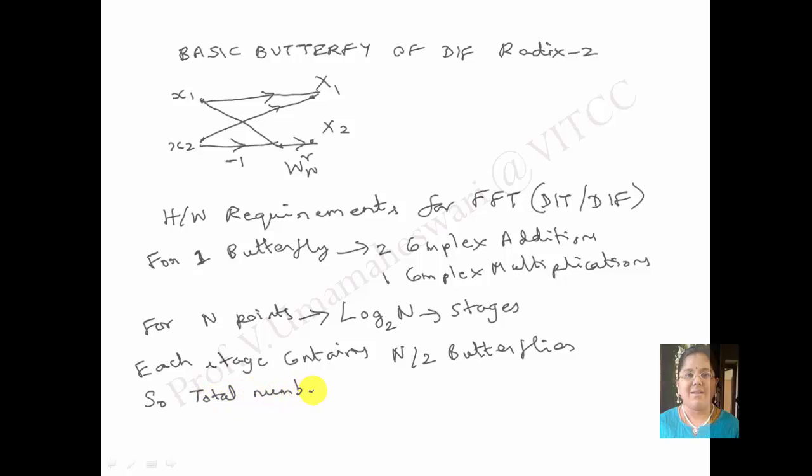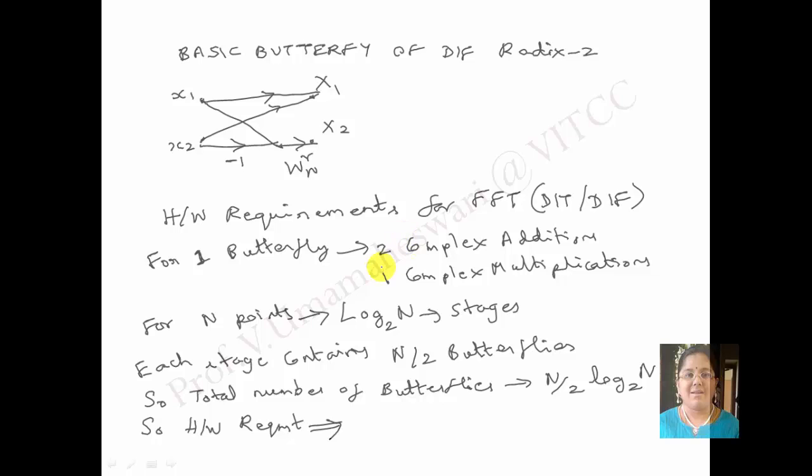Okay, so the total number of butterflies needed for N-point FFT is N by 2 log N to the base 2. Now, how many complex additions and how many complex multiplications are needed for computing N-point FFT?